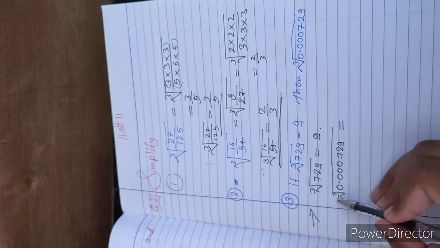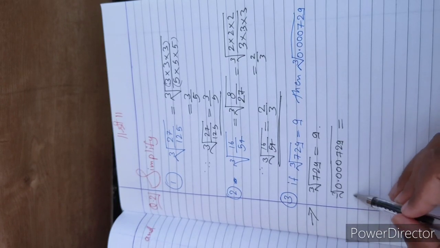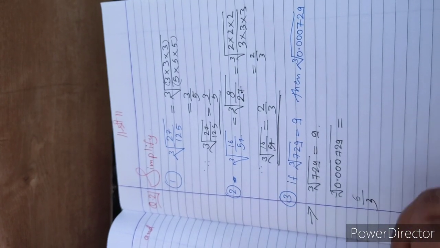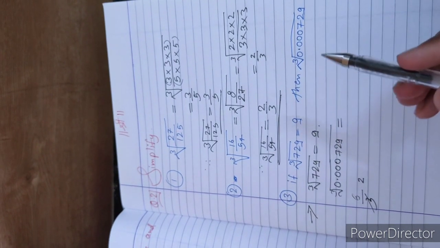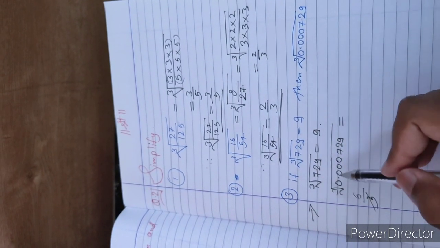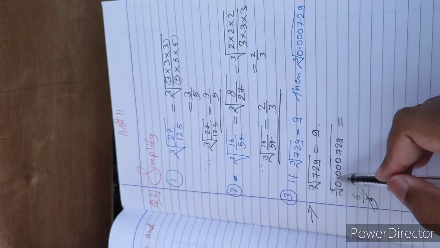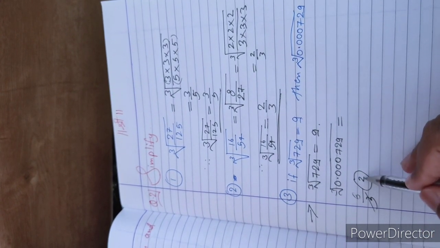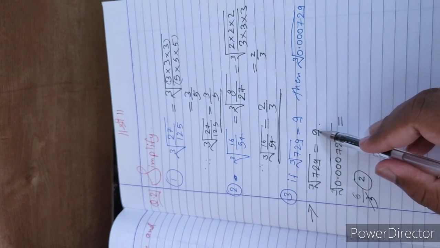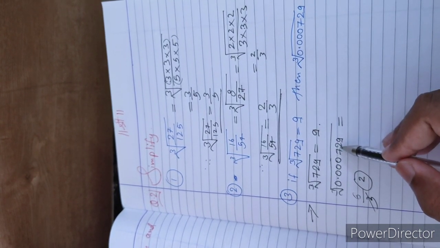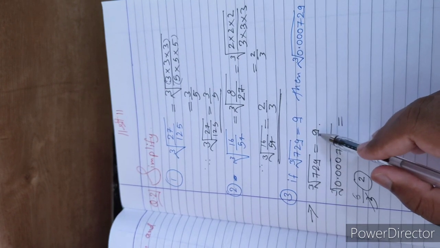We have to find the cube root. So 6 divided by 3. How much? 3 2s are 6. So we have to place the decimal on the left side, because it is on the left side. So here we will place it 2 places to the left. Okay, in the answer we were getting 9. Cube root of 729 we were getting 9.